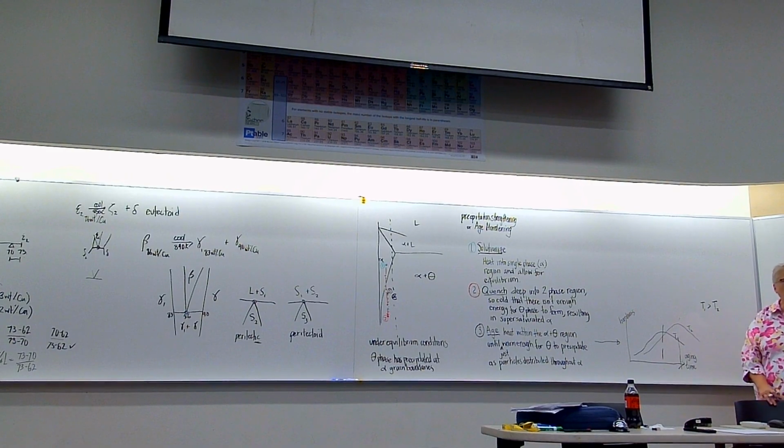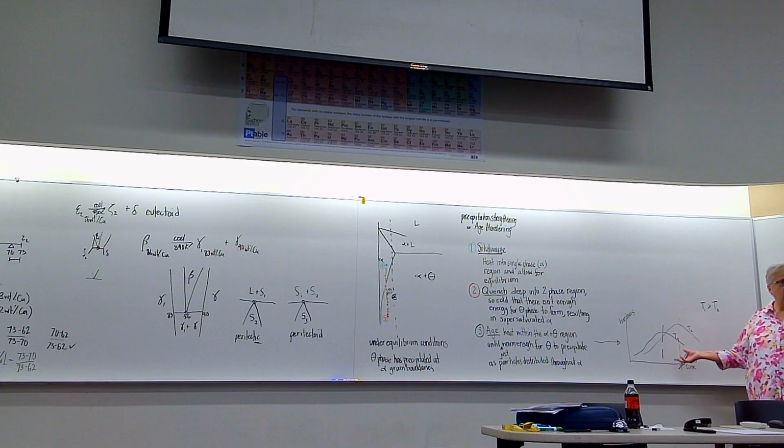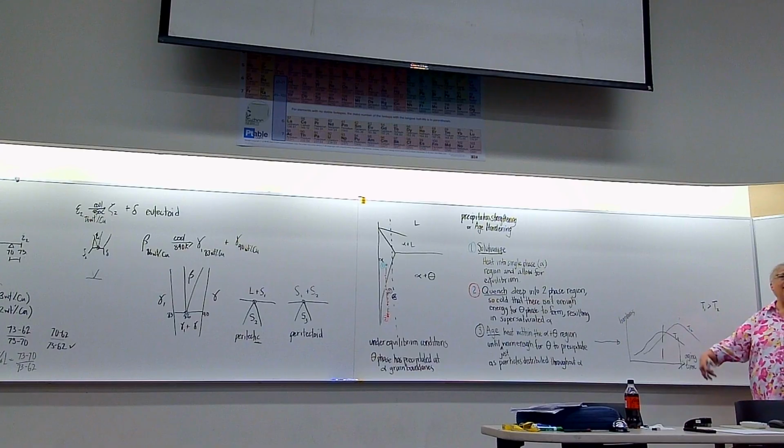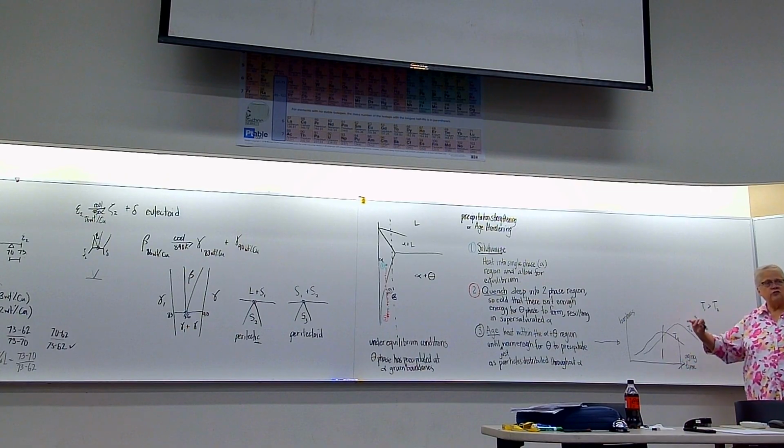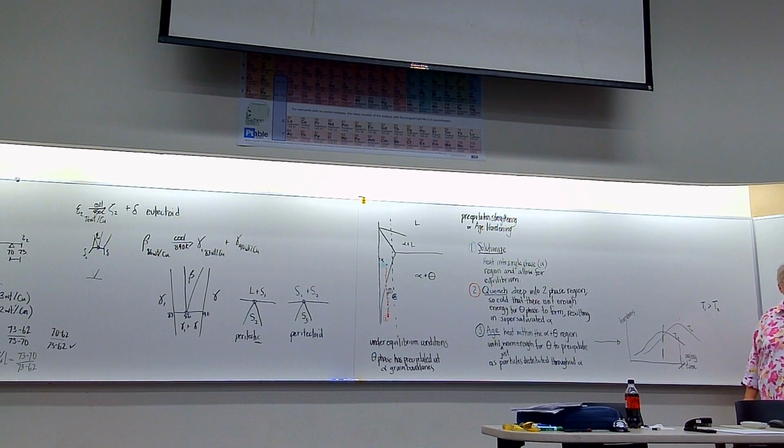Now, all of the things we talked about already about strengthening mechanisms, like solid solution strengthening, point defects, we have that here. We have copper added to aluminum. So we have a strengthening because of the alloy. And now we also have strengthening because of the distribution and size of the second phase.